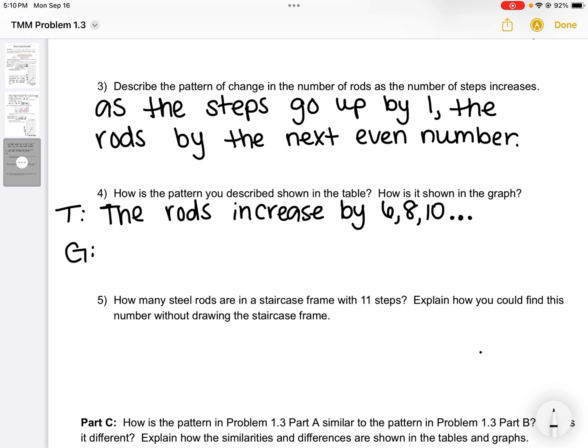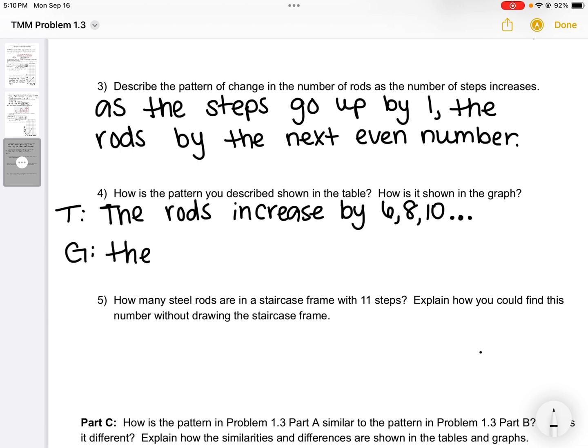for on the graph, it actually curves upward at an increasing rate. So notice how it's not constant. The first one was a straight line because it was constantly increasing by the same number. This one is increasing by the next highest even number. So the dots actually go up in a curved line.